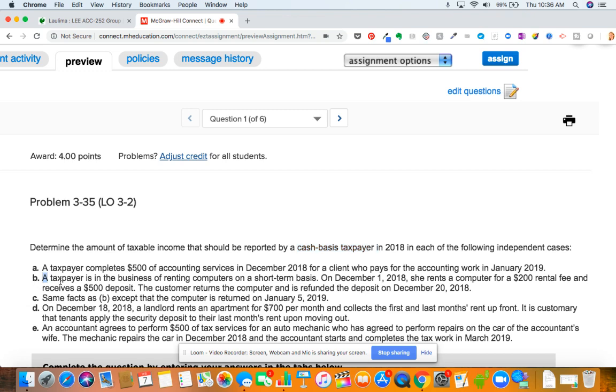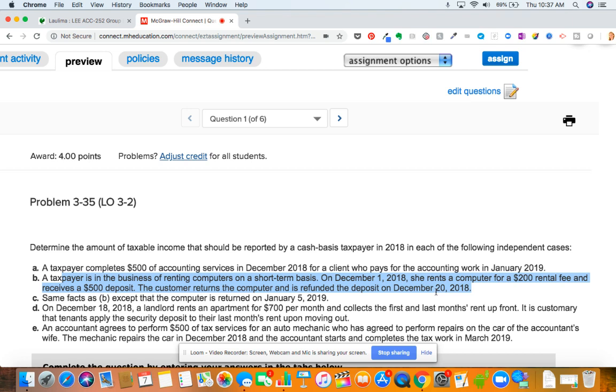Okay, B, a taxpayer is in the business of renting computers on a short-term basis. On December 1, 2018, she rents a computer for a $200 rental fee and receives a $500 deposit. The customer returns the computer and is refunded the deposit on December 20th, 2018. So this all happens in December.